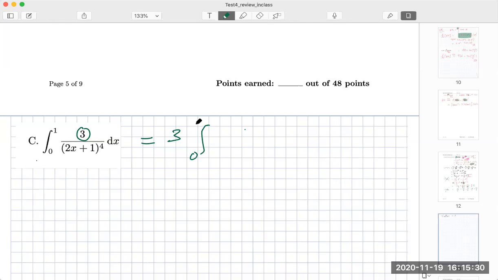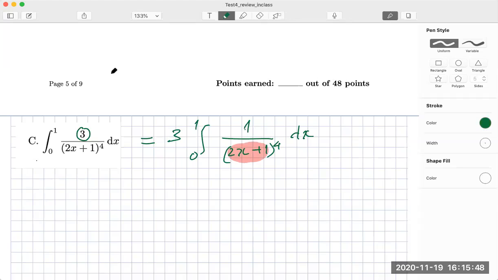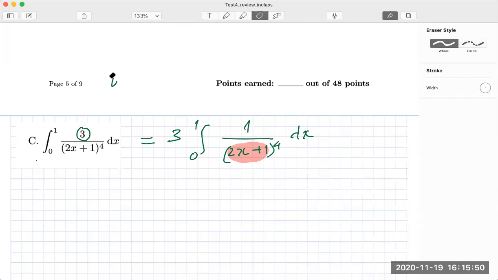It will be the integral from 0 to 1 of 1 divided by 2x plus 1 to the 4, right? But we don't have any formula to evaluate this. It's really hard. What we know is the integral of x to the n.